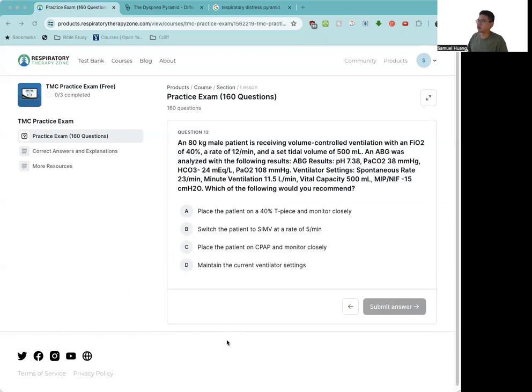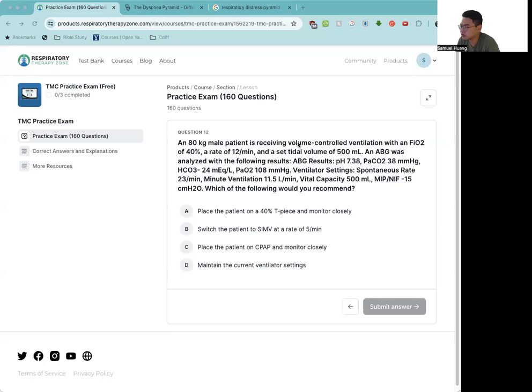So 80 kilogram patient, volume controlled ventilation, FiO2 40%. So again, volume control. So that means it might be a pressure problem. Tidal volume 500, rate 12, FiO2 40. We don't know the PEEP here. ABGs come back. pH good.